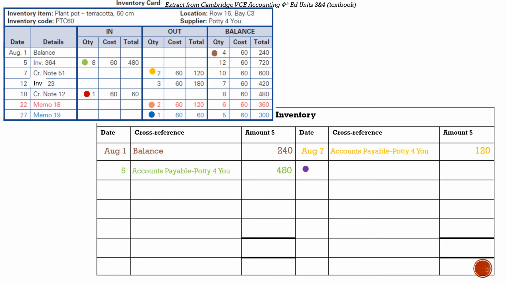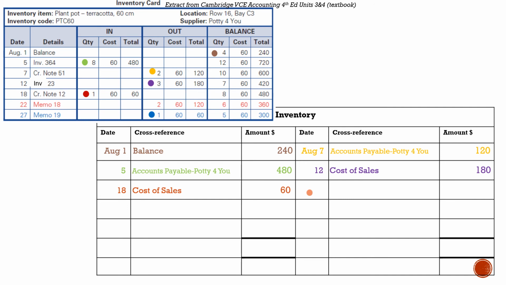On 12th of August, 3 units were sold to a customer. This decrease in inventory is recorded on the credit side with the amount $180 recorded against the cost of sales account. On 18th of August, 1 unit was returned to the business by the customer. This is recorded on the debit side with the amount $60 and against the cost of sales account.